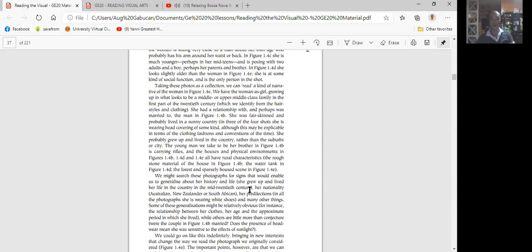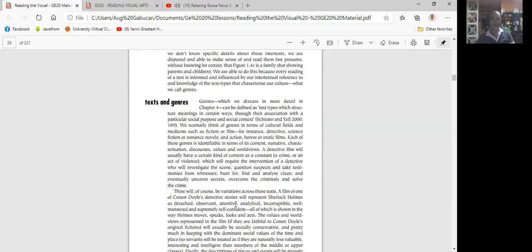She grew up and lived her life in the country, and her nationality could possibly be Australian, New Zealander, or South African. So a simple photograph can give a lot of signs that give you a clue to produce some kind of narrative.